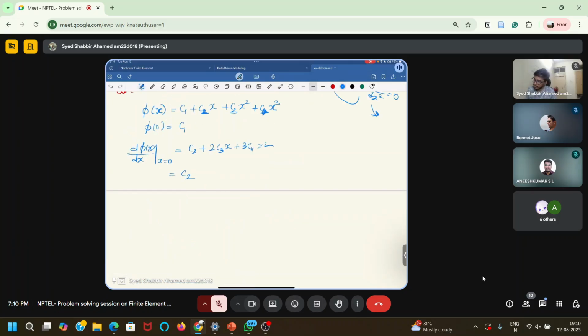Now I'll remove C1 here, and I'll take C2 x plus C3 x square plus C4 x cube. Will it satisfy these two boundary conditions, which are phi of 0 equal to 0 and phi dash of 0 equal to 0?